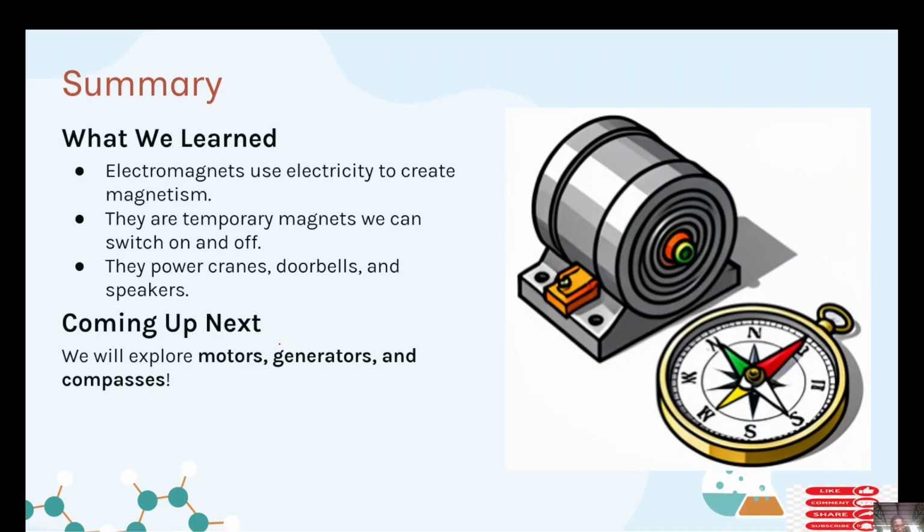And then we also established that some of the things we normally see around us, the doorbells, the power cranes which carry heavy metals, and our normal speakers that we use in the homes, in our phones, they all operate using electromagnets.